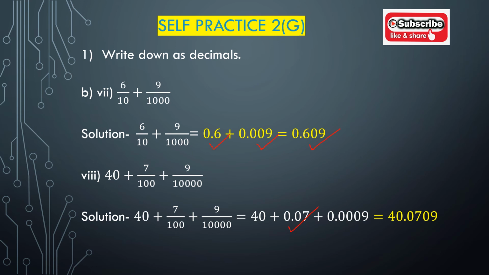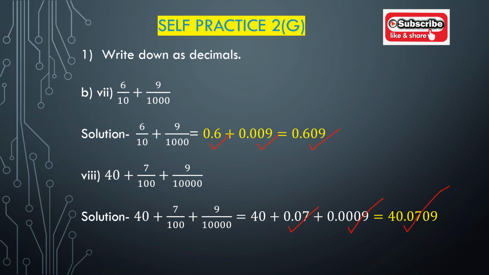So you have to place 4 digits after the decimal point. So it will be 0.0009. Now we get 40 plus 0.07 plus 0.0009. It will be 40.0709.